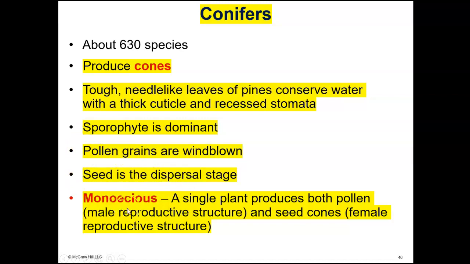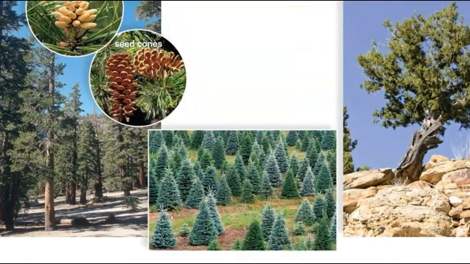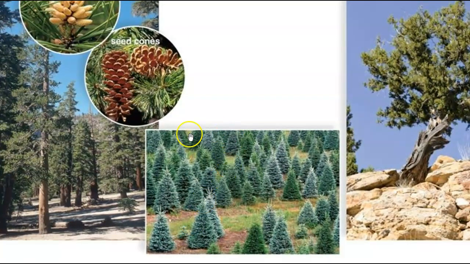Conifers are monoecious. Monoecious means a single plant produces both pollen and seed cones. The pollen cone is the male reproductive structure. The seed cone is the female reproductive structure. When we look at a pine tree, here's a picture. Let's blow it up. A pine cone is the female cone.